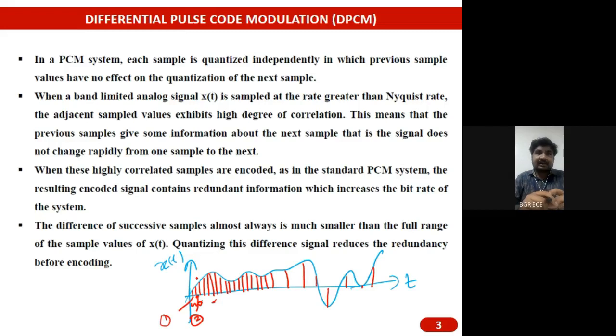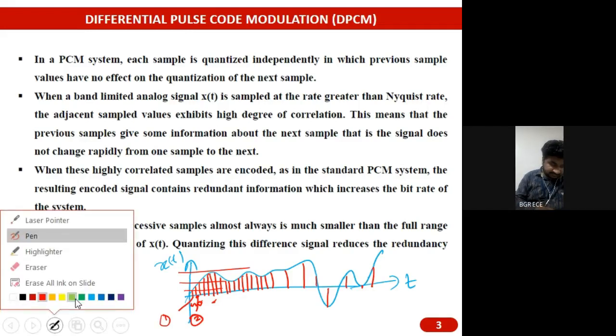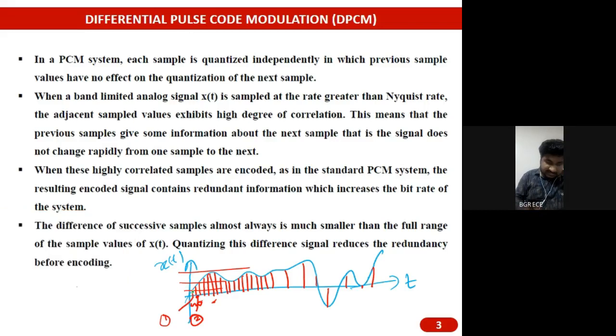When these highly correlated samples are encoded by the encoder, the resulting encoded signal will contain redundant information. For example, if I consider these samples of the analog signal presented here, and these samples are quantized to some levels, let us assume these are all the levels, then this will be fixed, and the next sample will be quantized.